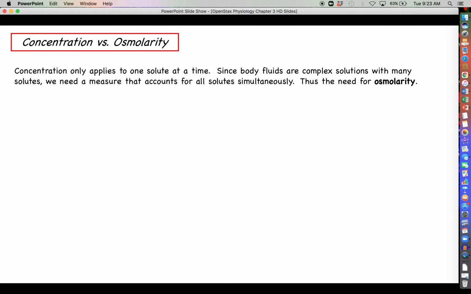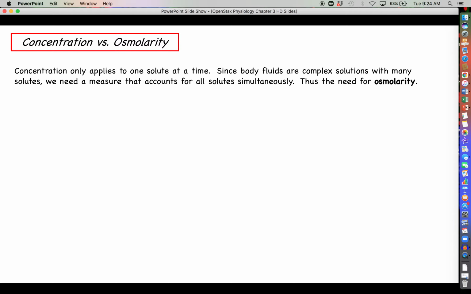In the previous example we looked at, that was the simplest example we could have looked at because it was just one solute. It was just glucose. We know that bodily fluids are complex solutions. They have many, many different kinds of solutes simultaneously dissolved in water: sodium, potassium, chloride, calcium, bicarbonate, proteins, glucose.